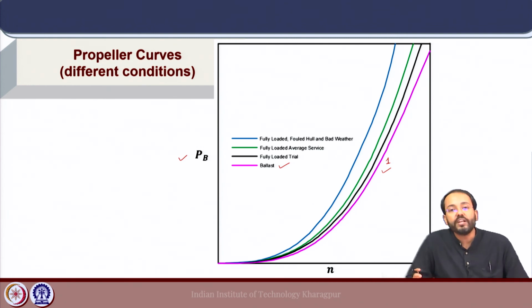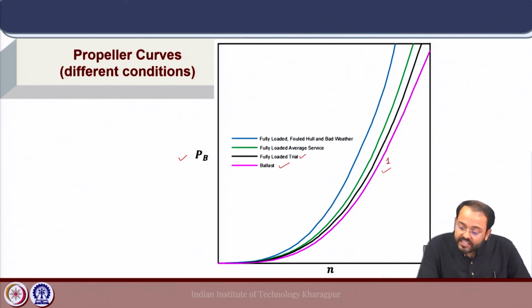The trial condition for a ship is where the trial is done just after the ship is newly built in a controlled environment, where the sea is not rough and the wind and other weather conditions are within a particular limits, and the ship is new. So, the power requirement for the trial condition will be lower compared to the service condition. So, the fully loaded trial condition will be next, number 2.